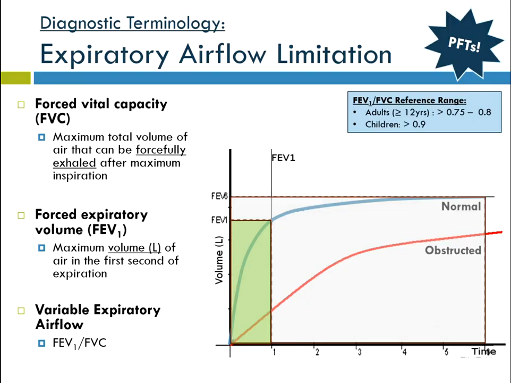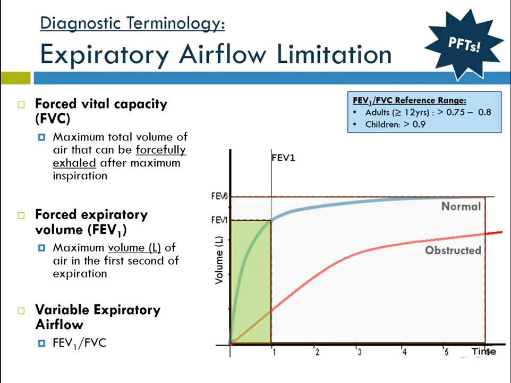So when we think about a patient who has asthma, this blue curved line is a normal person's FVC, which inside of that we calculate your FEV1. The red line is someone who has obstructed airflow. I want to use this in COPD also, because this is just obstructed airflow, just used to also diagnose asthma.